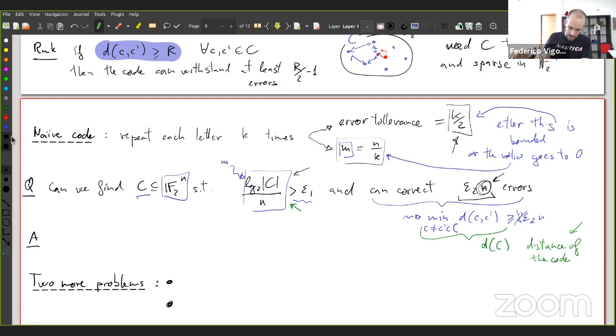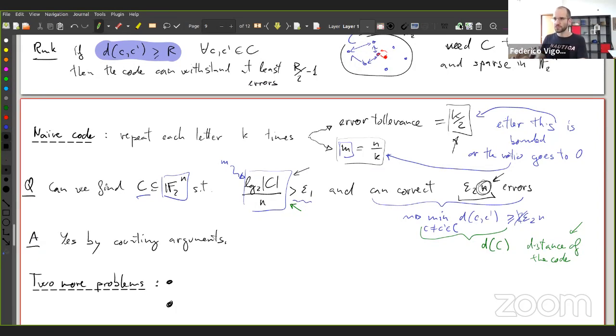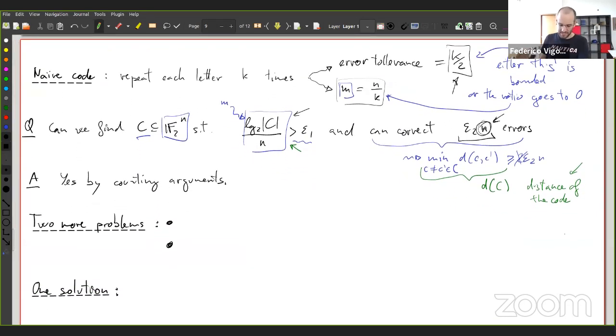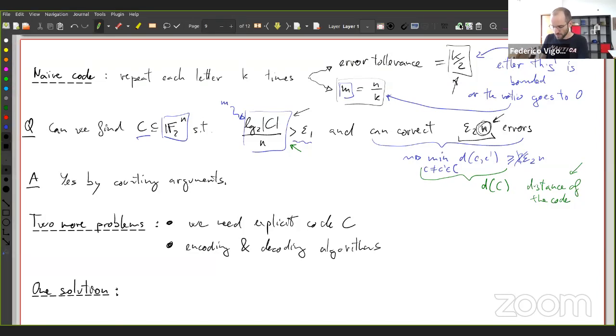And the answer, unknowingly, is again, yes, by counting arguments. You can do some easy estimates, and this tells you that, yes, there exists some. But now we have more problems because this is a concrete problem, so we need an explicit code C. And furthermore, since this is a problem in computer science, we would like the encoding and decoding algorithms to be fast.